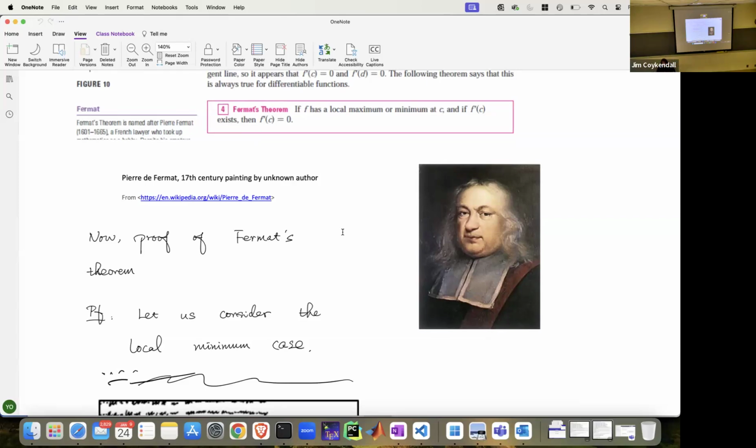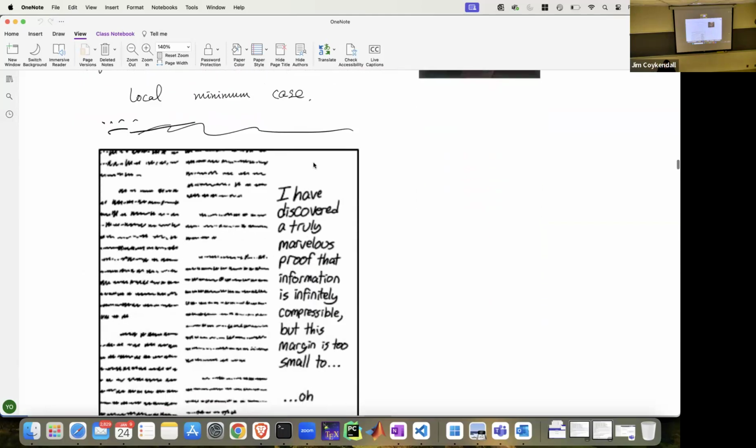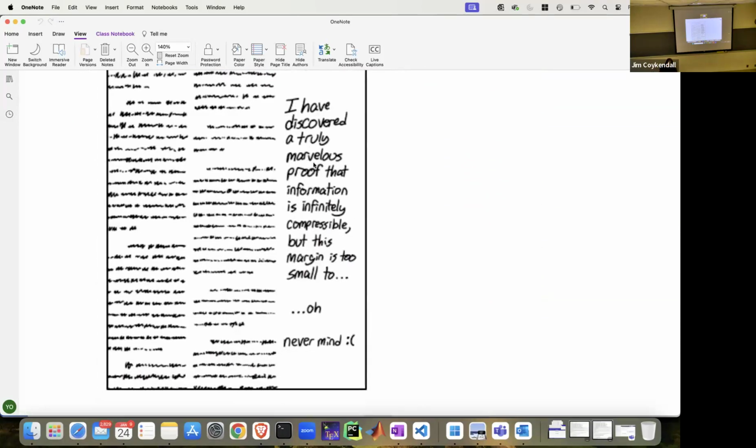To write it down in this space, for simplicity we consider only the local minimum case. When we talk about local extrema, it could be max or min. We are only going to consider the min case, but obviously I ran out of margin, so I don't see any margin large enough for me to finish the proof.